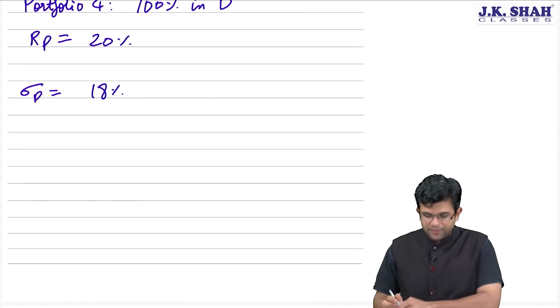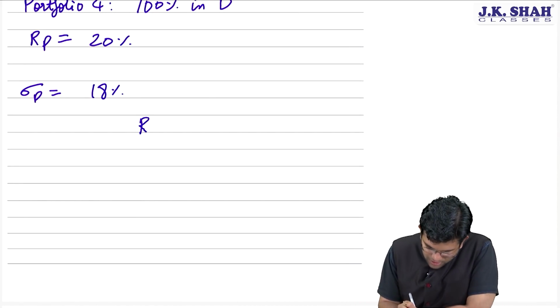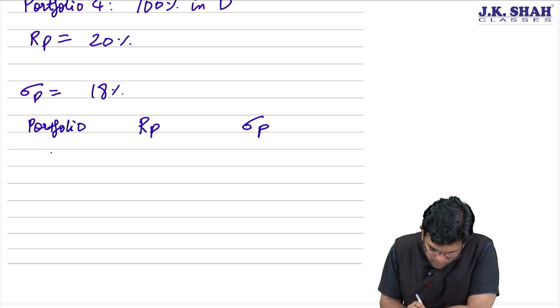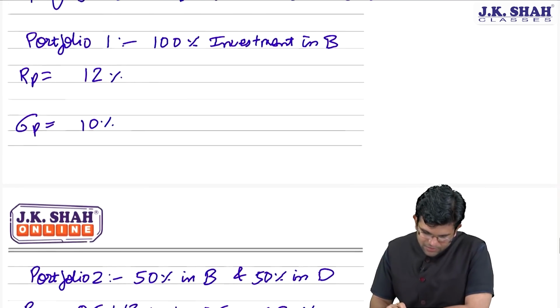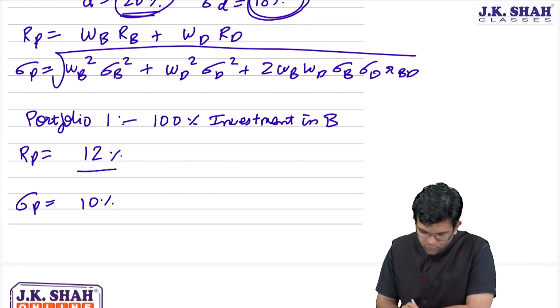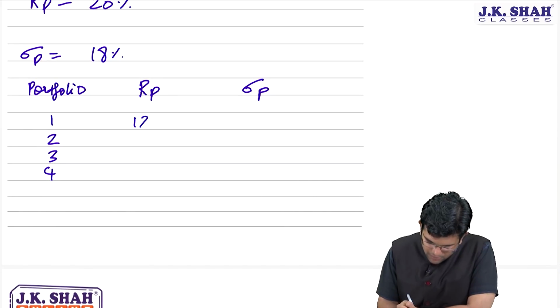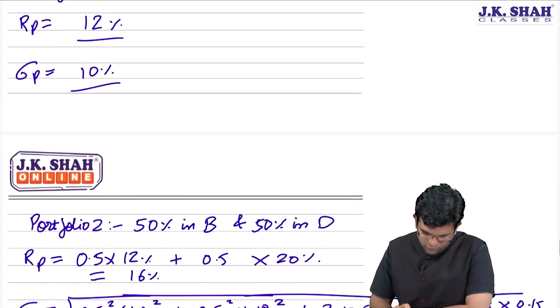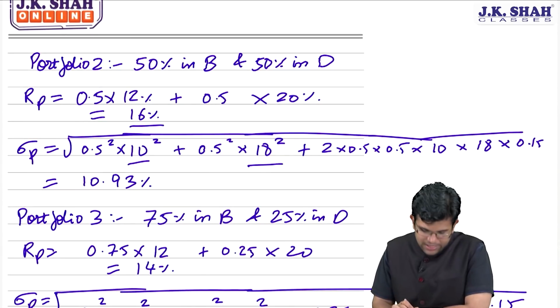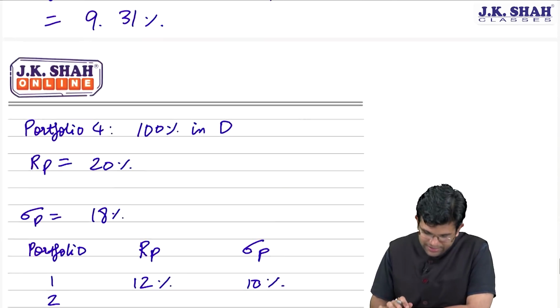Now let's do the summary. There is something called RP, there is something called sigma P, and there are these portfolios 1, 2, 3 and 4. Let's now pick up the RP, students. The first portfolio RP was 12 and the sigma P was 10. So I'll write here 12%, 10%. The second portfolio, the RP was 16, the sigma P was 10.93.